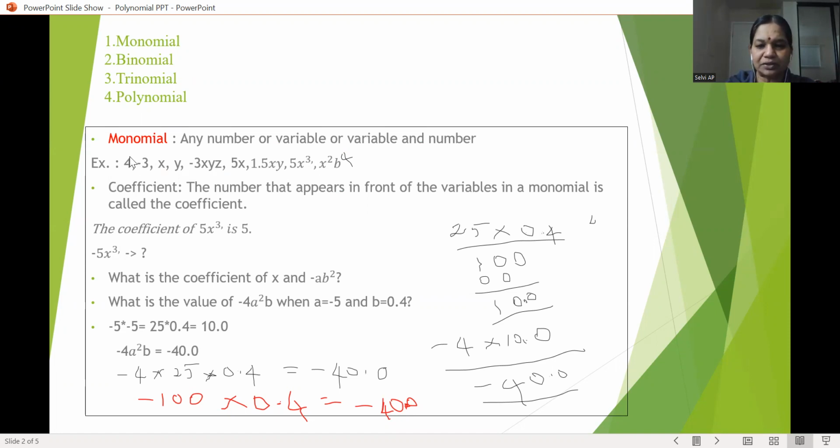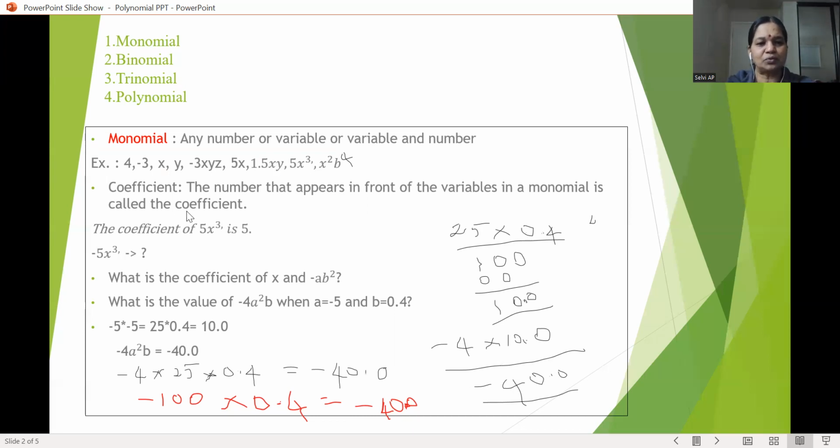We can call this also monomial. Next you see minus 3xyz. Here the number is combined with some variables. This is known as one term. This is called monomial. Okay. 1.5xy. Here one decimal number is there with some variables x and y. This is also called a monomial.